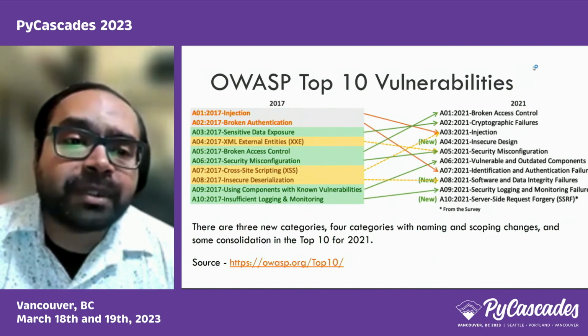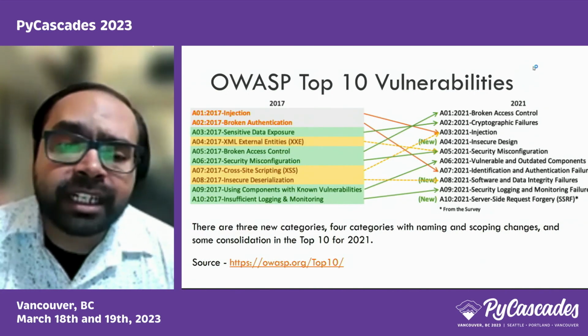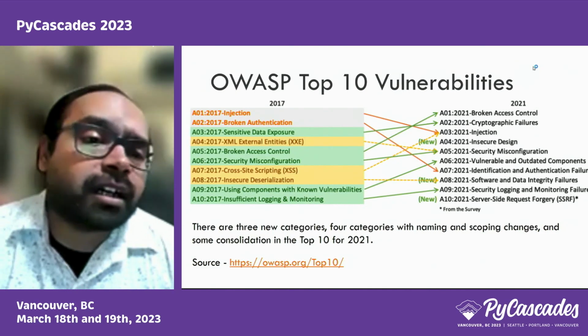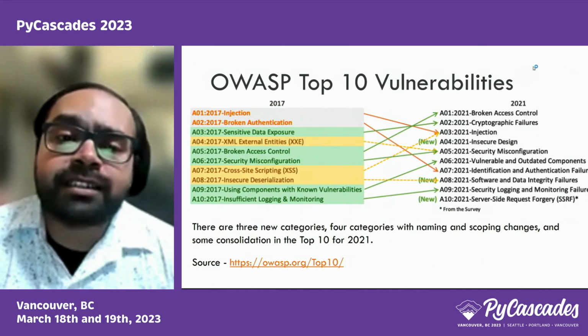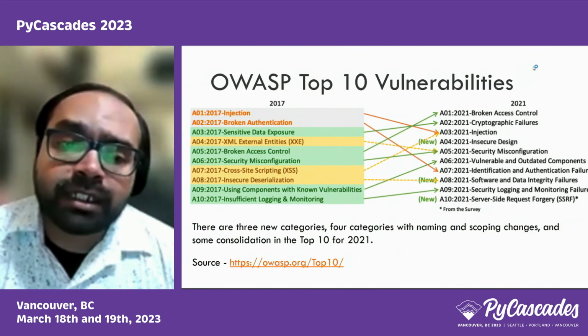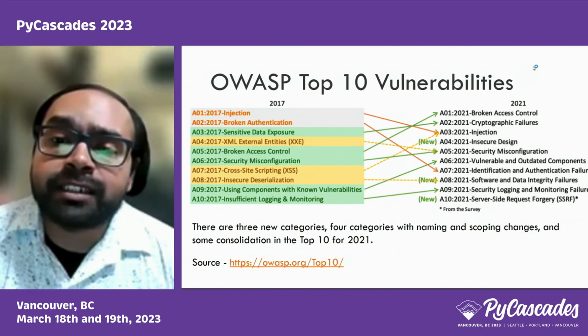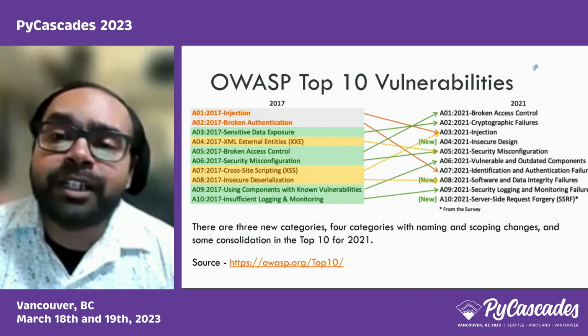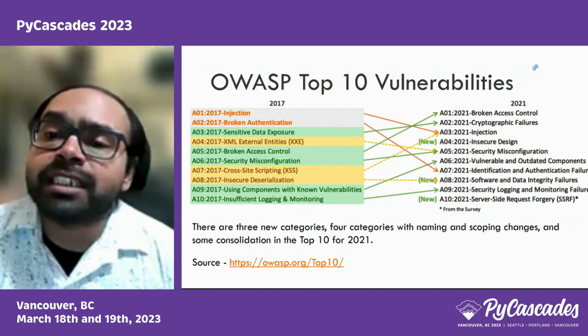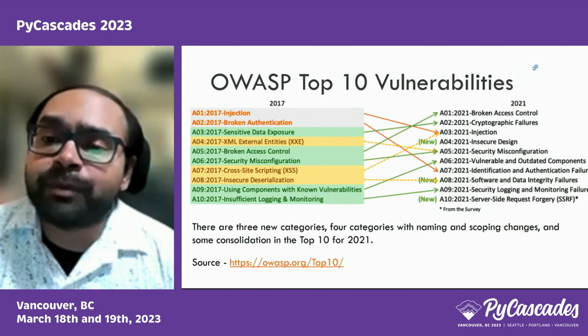Generally, whenever a new version of OWASP is released, some vulnerabilities will be clubbed together, some will be removed, and new vulnerability issues will be introduced. For example, in the 2021 version, three new vulnerabilities have been introduced.